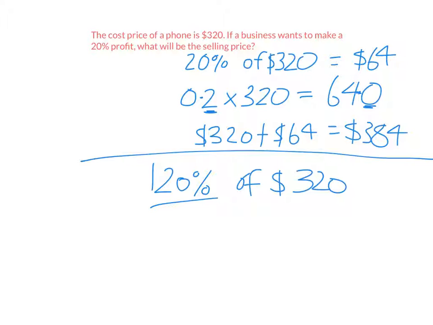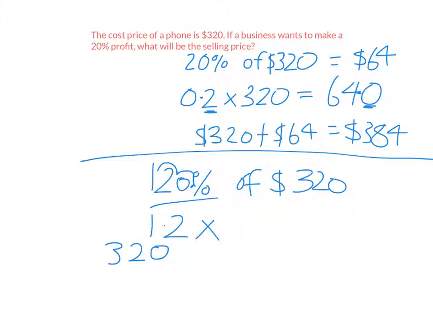So again, I'm going to use a decimal. So 120% as a decimal, remember, move the decimal point 2 spots left, it's 1.2. So I go 1.2 times 320.